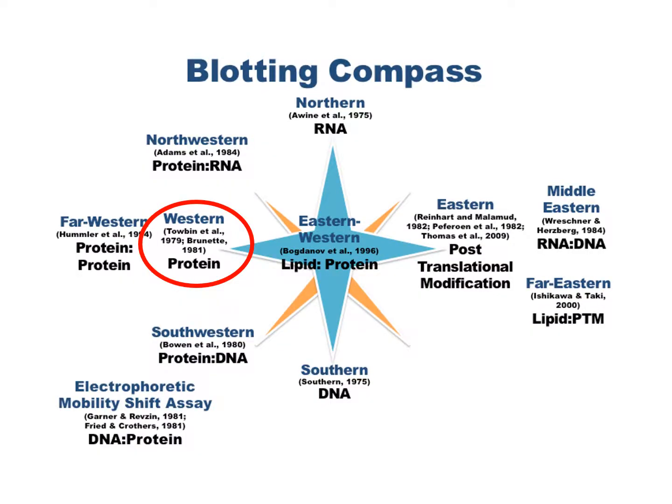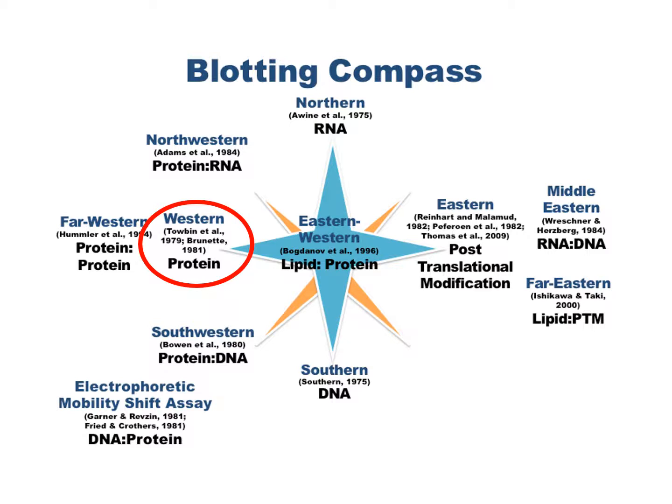And if you want the extreme, this is the blotting compass. Some of this I don't even get into, but if you run across it in the literature, consider this a reference guide.